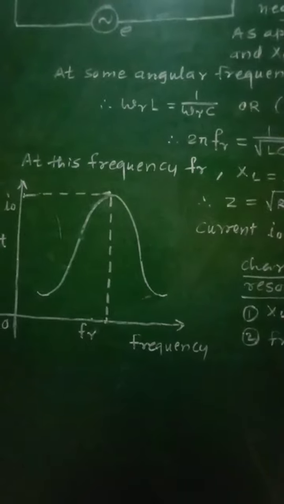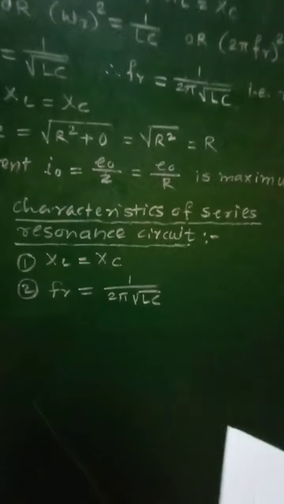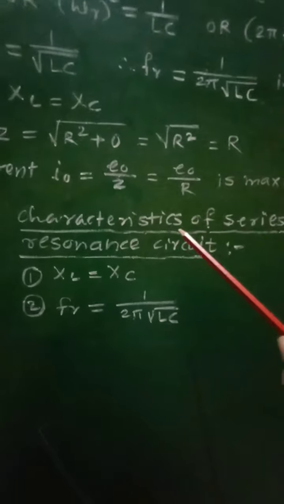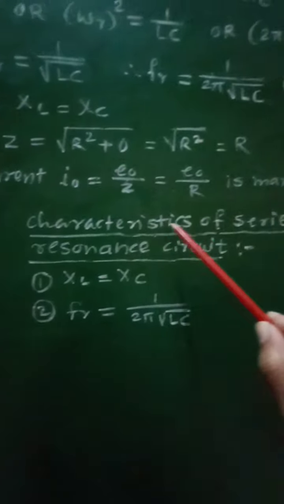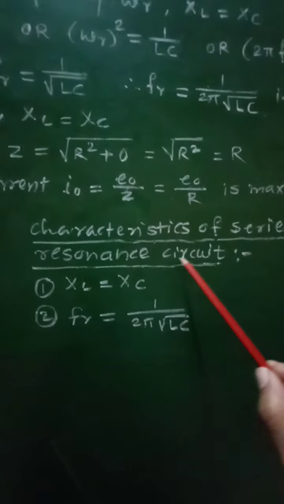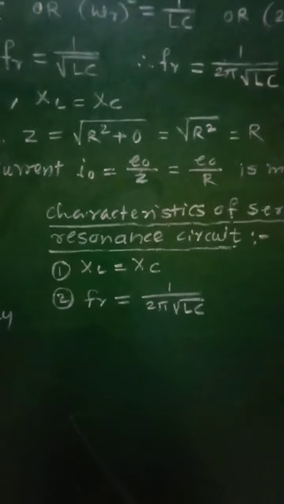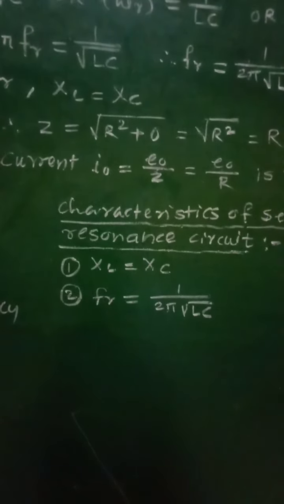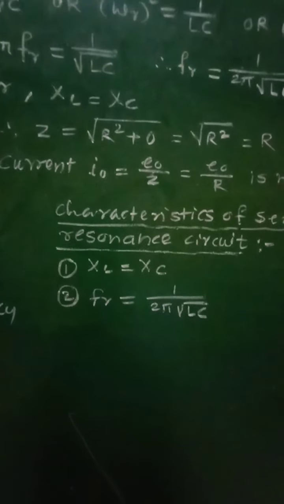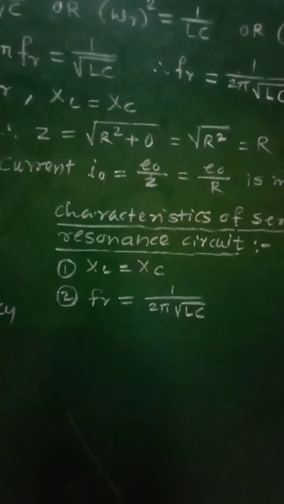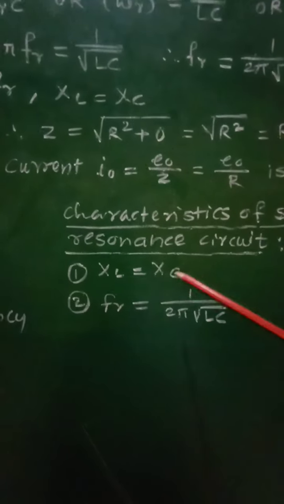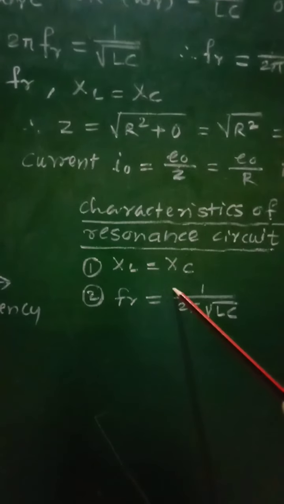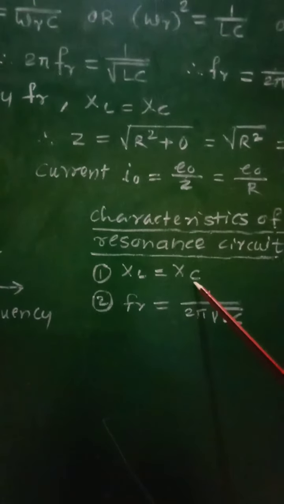And now let us see some of the characteristics of the series LCR circuit. The characteristics of a series resonance circuit are stated as follows. First, if you consider a series LCR circuit, resonance occurs when XL is equal to XC.